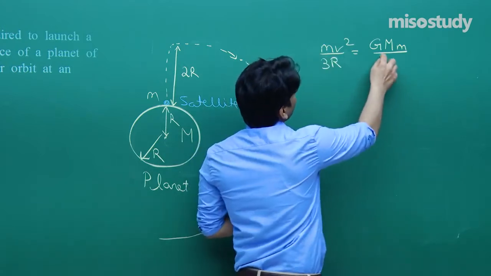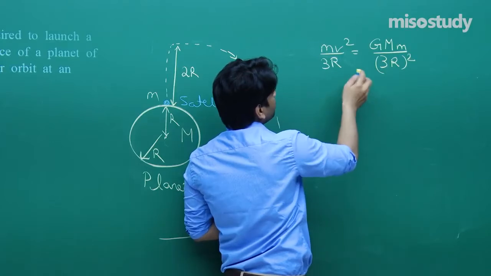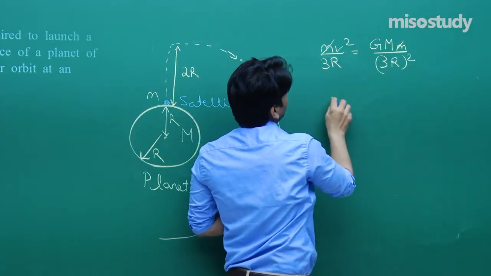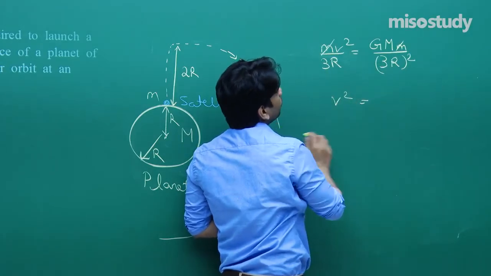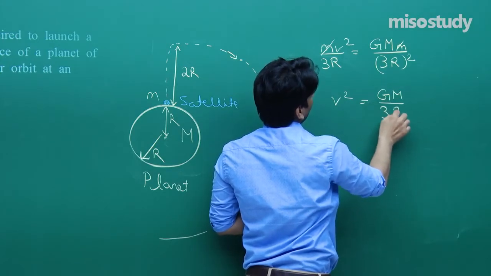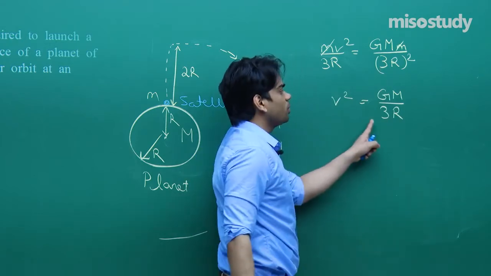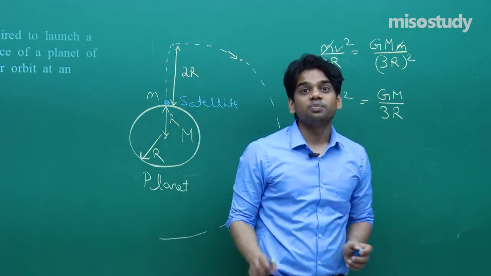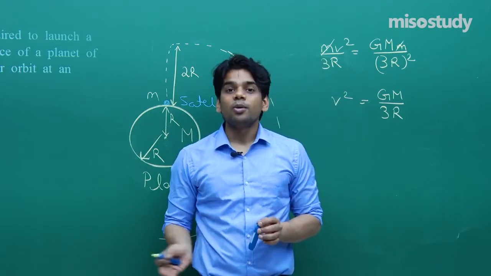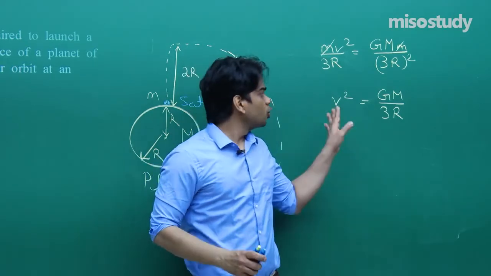You see m and m will be cancelled out. You will have v square equal to GM upon 3r. This is what you will obtain for the speed with which the satellite will be moving all around the planet. First thing we evaluate.